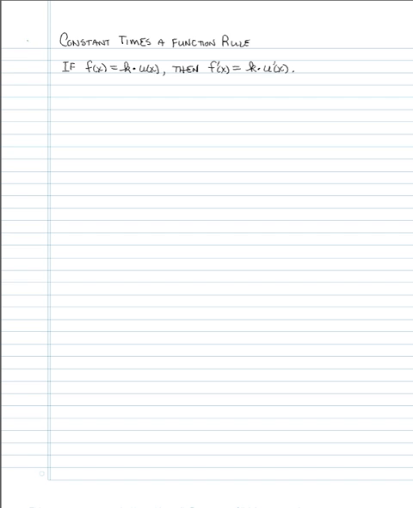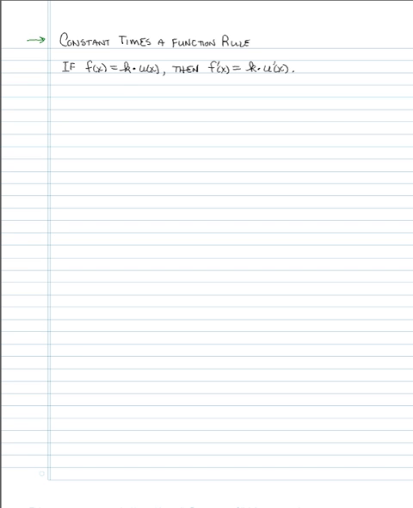Here we're talking about a new rule, a constant times the function rule, and you can see it stated below: if f of x is a function that is k times some other function u of x, then f prime of x, or the derivative of f, is just k times the derivative u prime of x. So basically it tells us we can concentrate on the other function and finding its derivative, and just remember to multiply that with k.